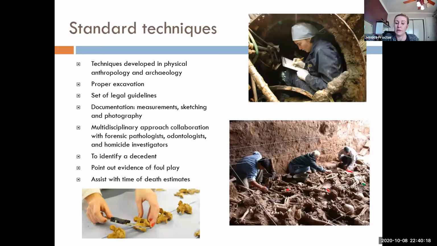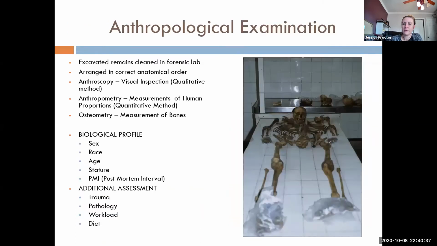They certainly want to know as soon as possible how to identify that person and determine how they died. Also to identify a descendant, or an ancestor or relative, point out evidence of foul play, and assist with time of death and death estimates.